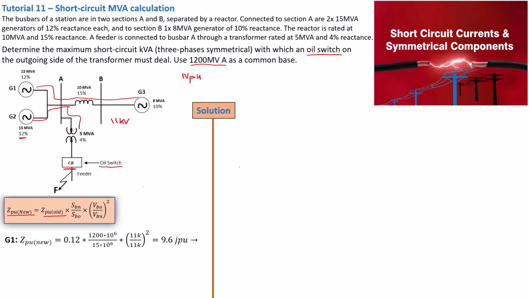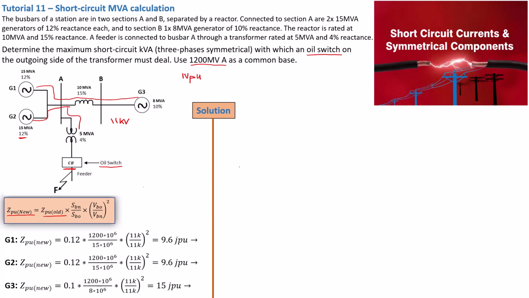Now you can choose a different base voltage, that is up to you, but you have to respect the formula and you're going to get exactly the same value. And generator 2, we're also going to get exactly the same thing, because remember, these two generators have the same old per unit value. Now generator 3 is going to give me 15 j per unit.